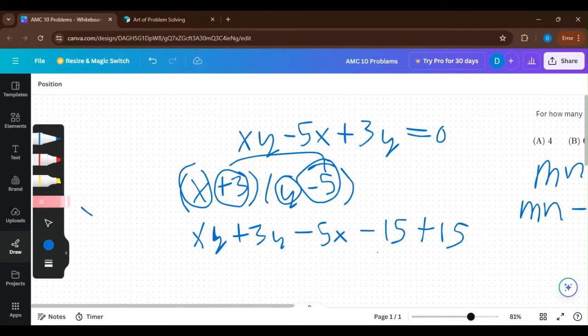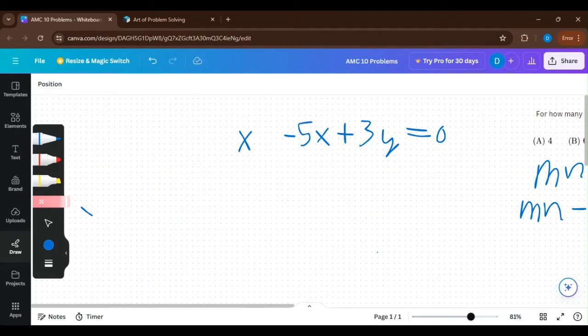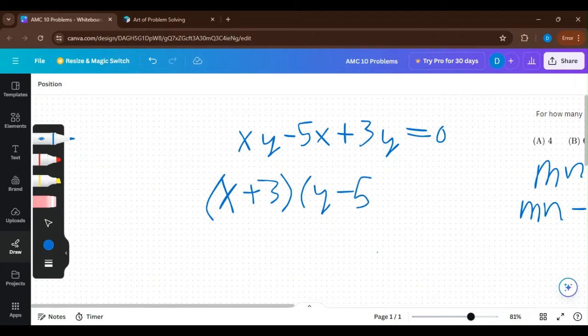So when you have the factor (x plus 3)(y minus 5), you want to add 15 because you know that when you expand, you have negative 15. So negative 15 plus 15 is 0.